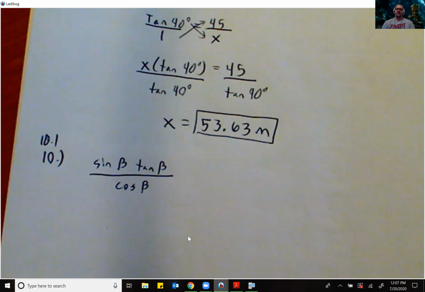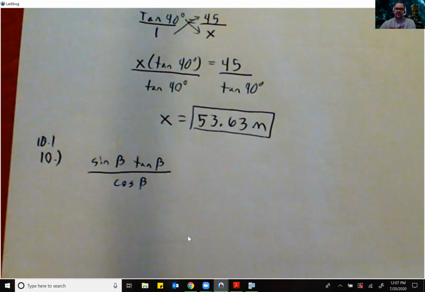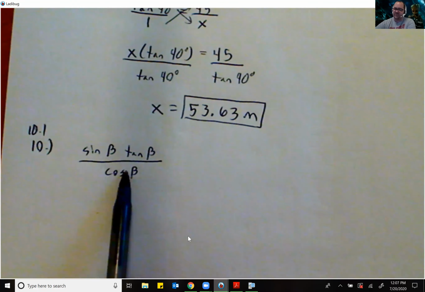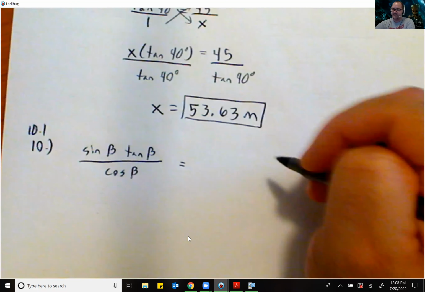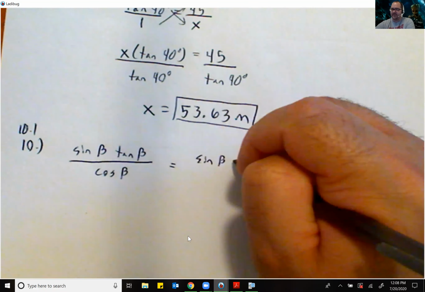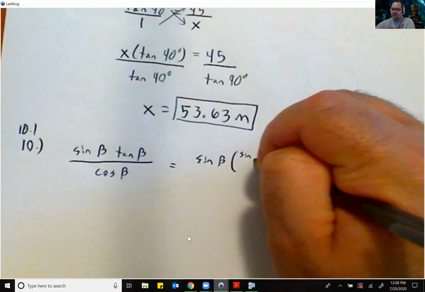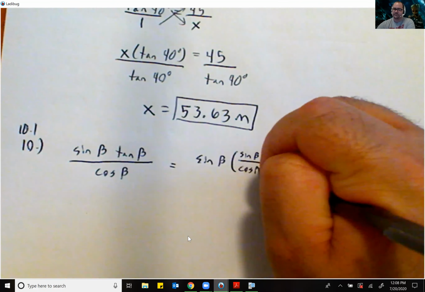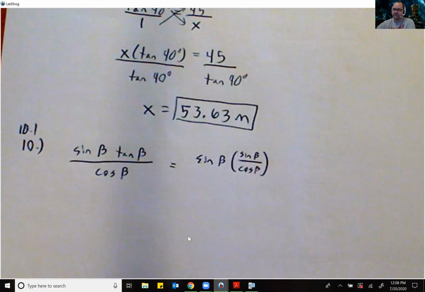Okay? So most commonly, what most people do is they change everything to sines and cosines. So we already got sine and cosine here. Let's change tangent to sine and cosine. So sine beta. And then tangent, we're going to use that identity I just said, which is sine over cosine. So there's tangent now.